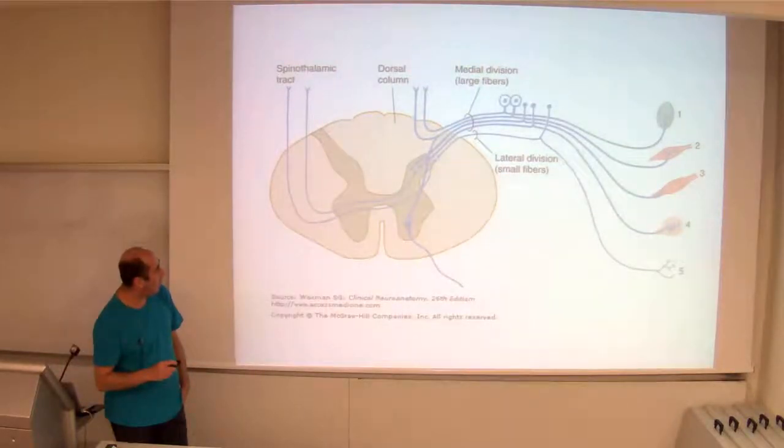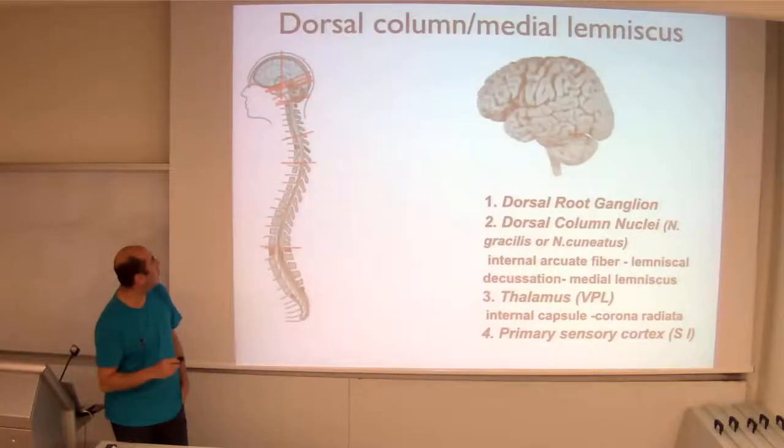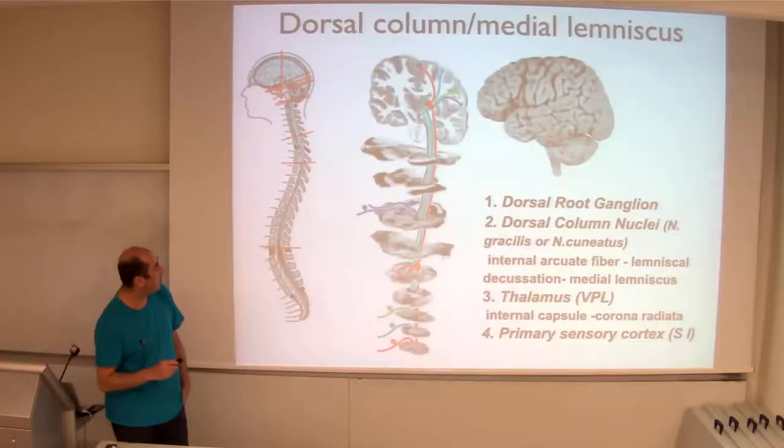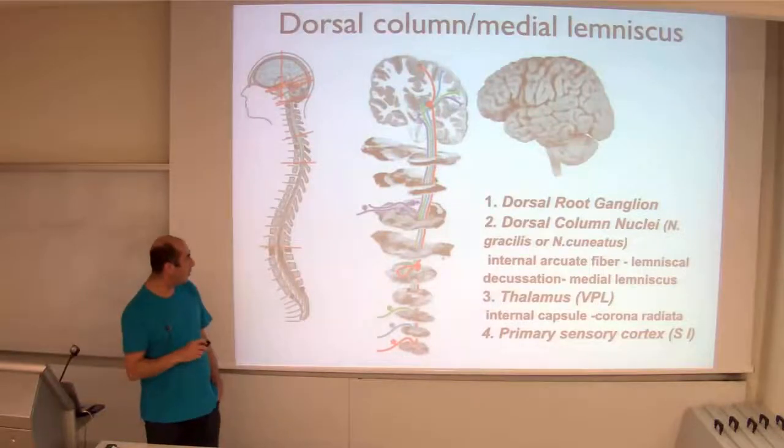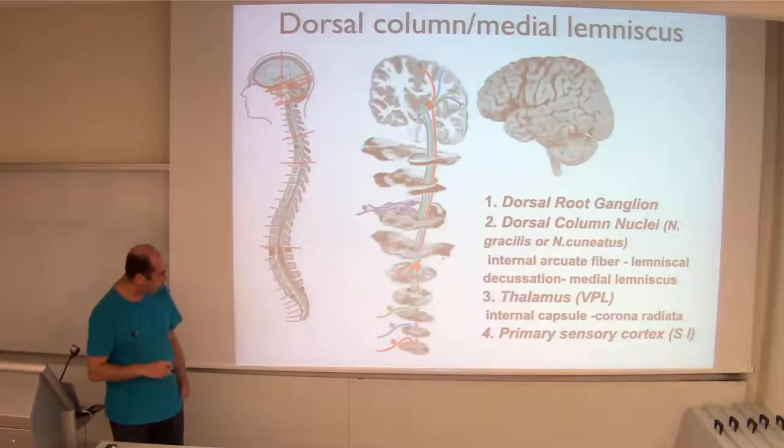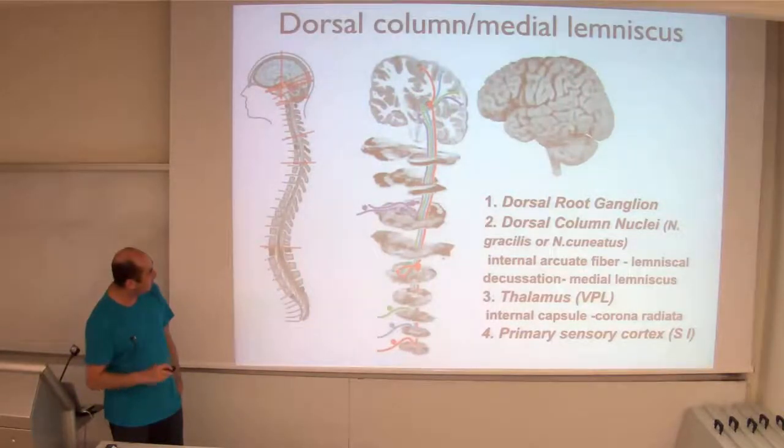I think that's the main thing that I wanted to talk to you about. And the last thing is that we said that information from each segment is actually carried out separately all the way. So for example, if you follow three axons that are entering into the spinal cord through different segments, so here would be one dorsal root ganglion, here there would be another one, and here another one.